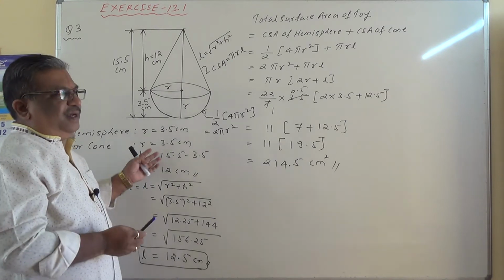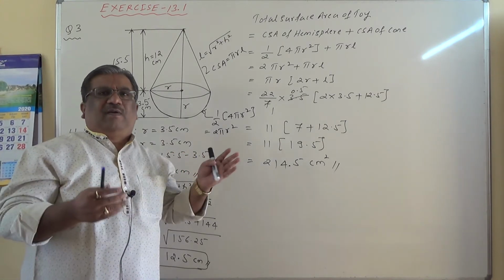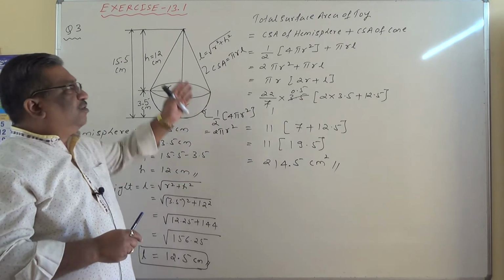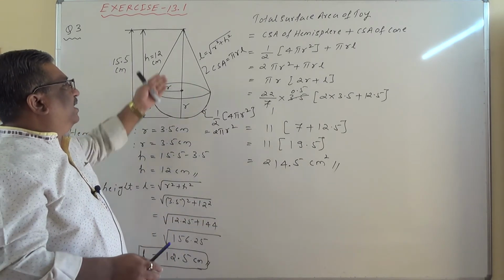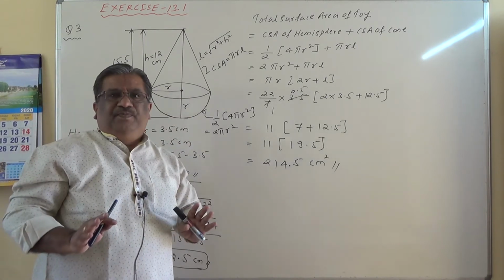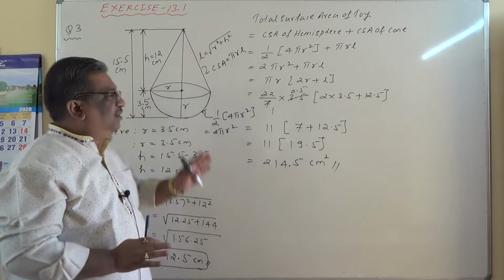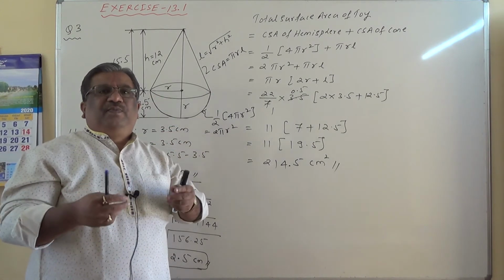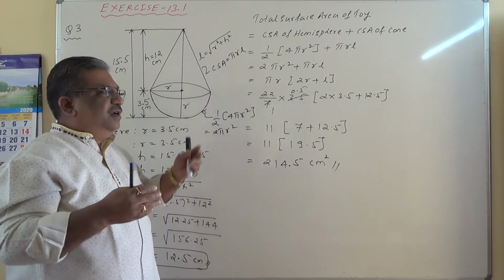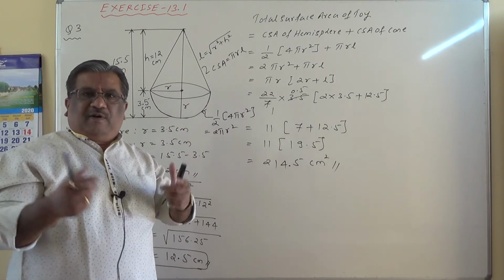See, dear students, you may do wrong calculations here. The total surface area of the toy, if you write it as TSA of the hemisphere and TSA of the cone, that is totally wrong. Remember that. Based on the solid figures, we have to identify which parts constitute the total surface area of a particular object.